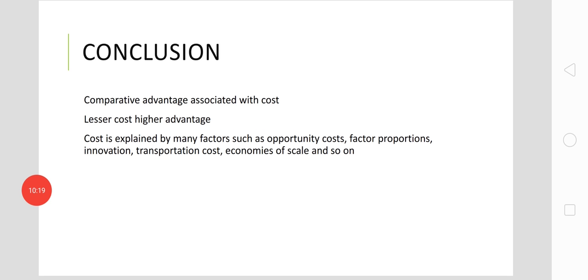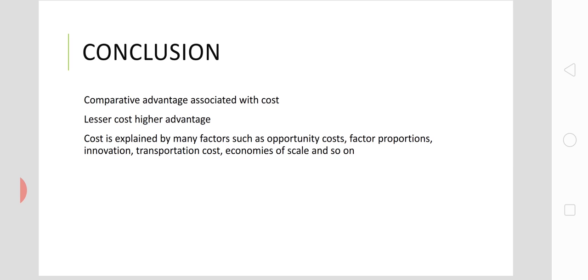Anyhow, let us brief the lesson. Comparative advantage has been considered as a basis of international trade. This is an undisputed point. What determines the comparative advantage is the question.